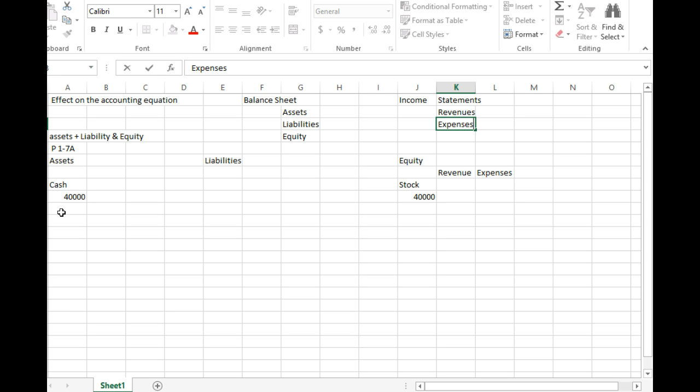Can you think of one of the accounts that would get affected? Cash would decrease. Okay, so we said cash would decrease 2,200. That's one effect, and cash is an asset. So we would say an asset would go down. And what's the other effect?